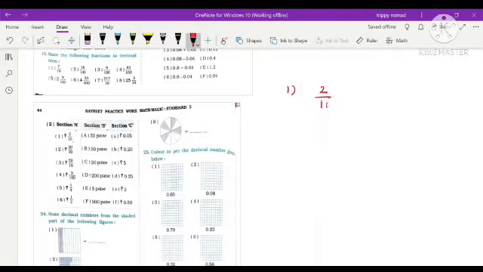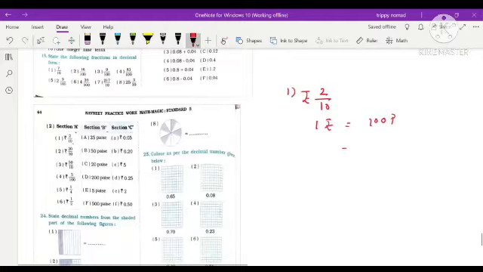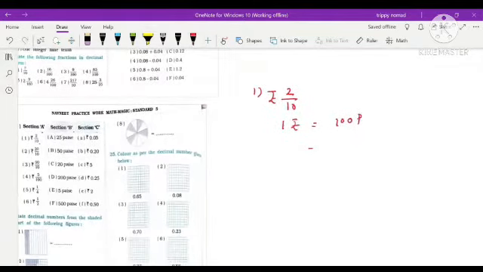First part, 2/10 rupee, we have to convert into paise. 1 rupee is equal to 100 paise, so 2/10 rupee is equal to 2/10 into 100.